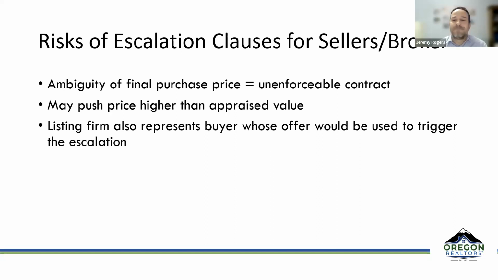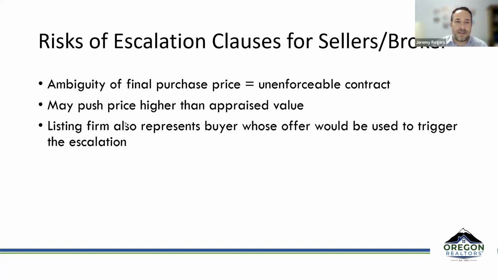But here, the buyer's offer would be used to actually trigger an escalation clause so that some other buyer could get the house. So I don't know how often this comes up, but it's something that you should think about and make sure you protect against. You would never want to be in a situation where your firm had a listing, but also was representing a buyer trying to get that house, and that other buyer was essentially going to be used as a pawn to trigger the escalation for the ultimate buyer who actually wins the bidding war.